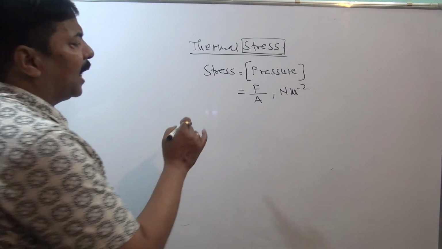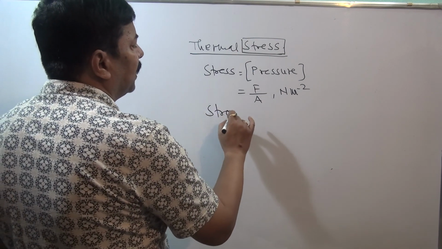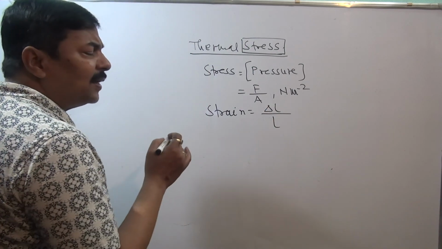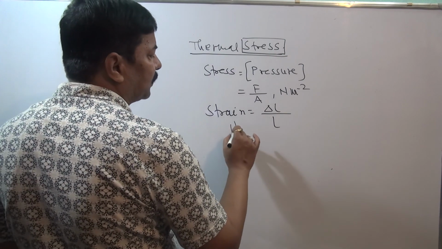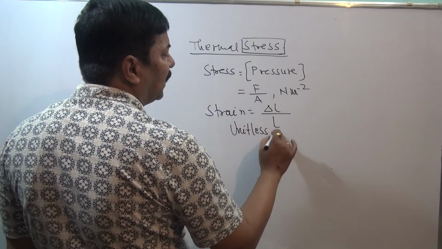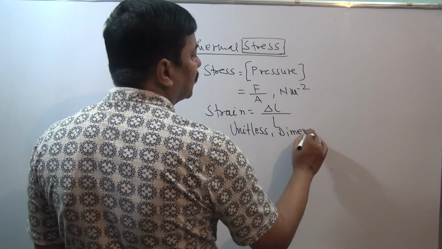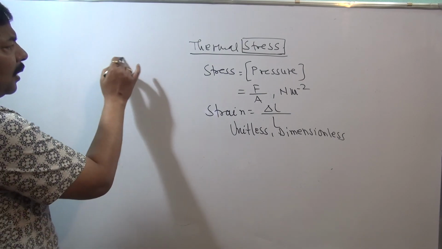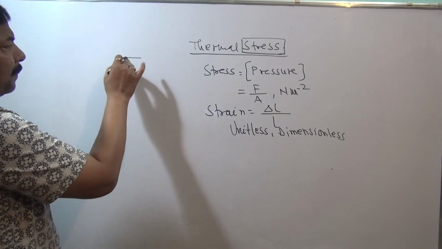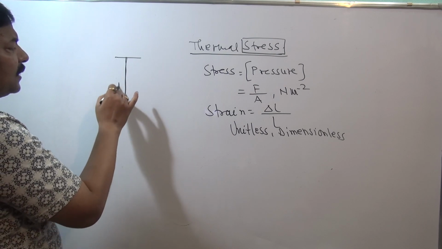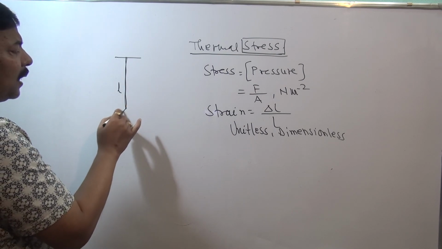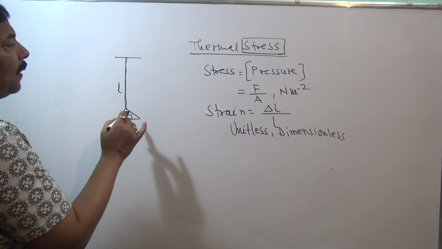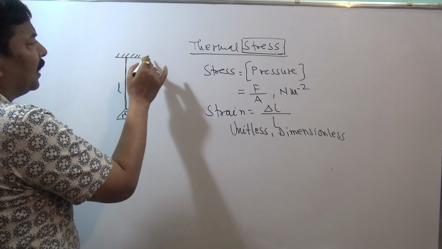One term is there that we call a strain. A strain is basically change in length by original length, and this strain is unitless and dimensionless. What is a strain? If a wire is hanging here and its initial length is L, and we apply a force, we put a load here, then its length has increased.